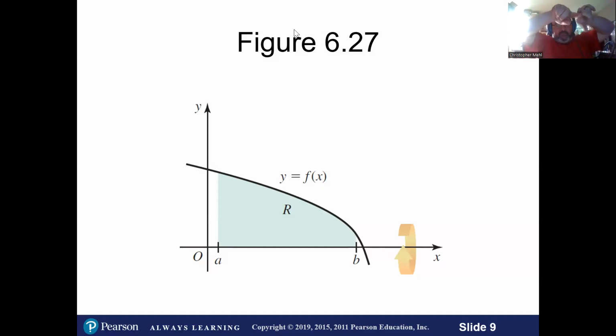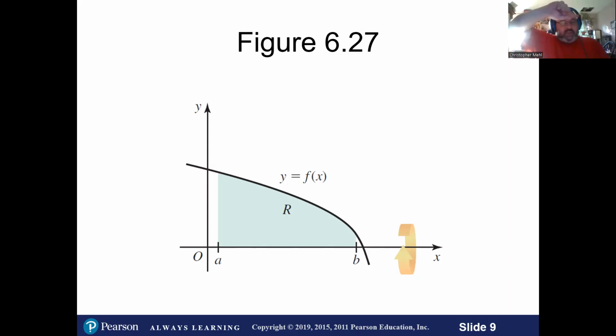We have a curve, y equals f of x, such as the one shown in this figure here. Okay, so the curve y equals f of x, and the region R is bounded by the x-axis, the curve y equals f of x, and the lines x equals a and x equals b.